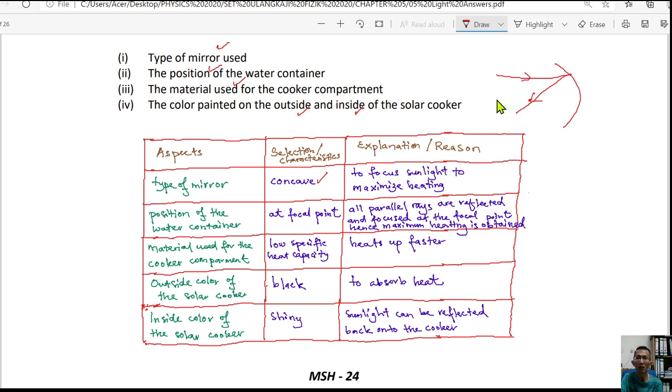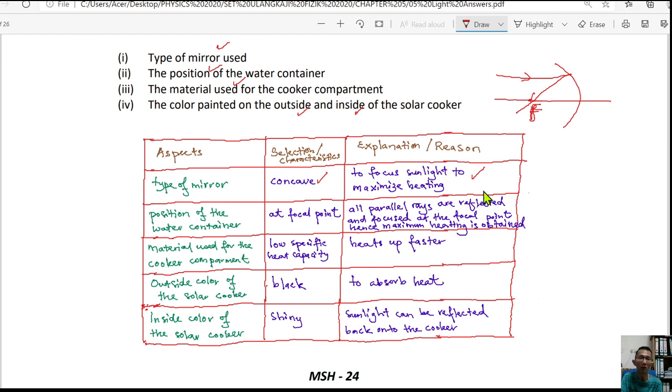So here at this point is my focal point. So I choose a concave mirror to focus sunlight to maximize the heating. So here is 1 point and here will be 1 point.